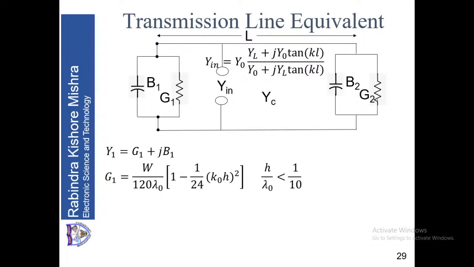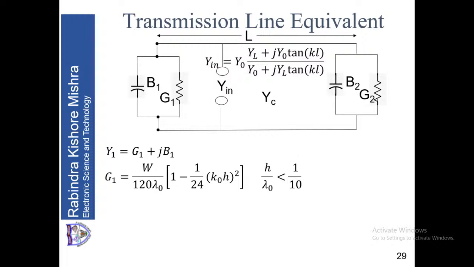You can find G1 for a slot of length W and width H. This G1 has been found by Roger Harrington. You can see his book, in which he has dealt extensively with slots.